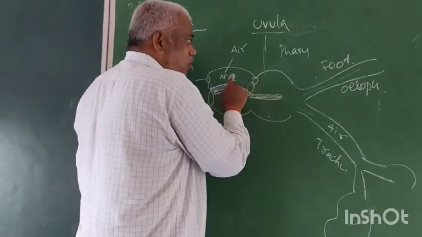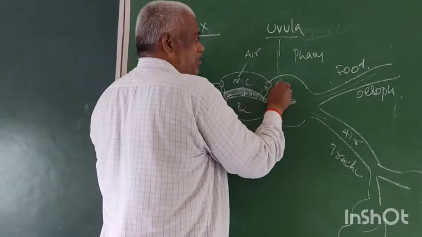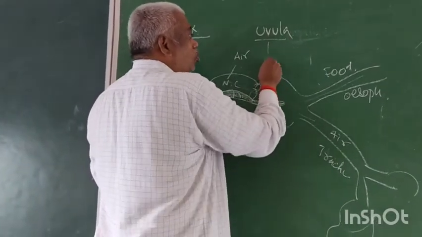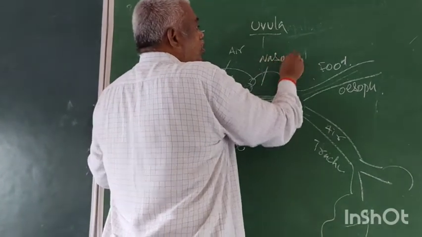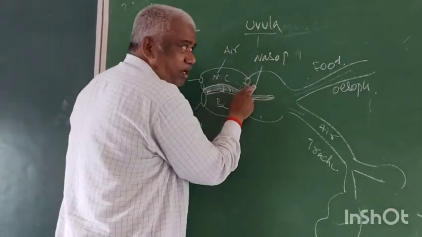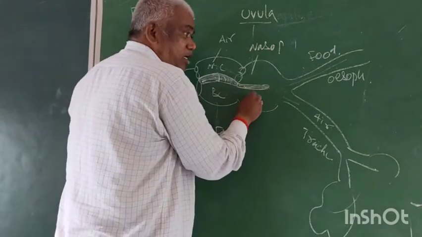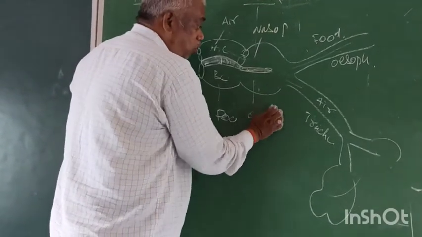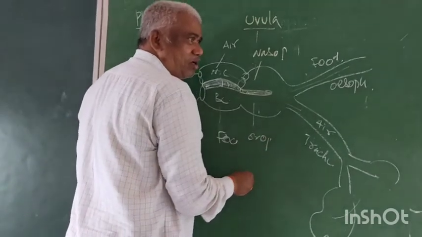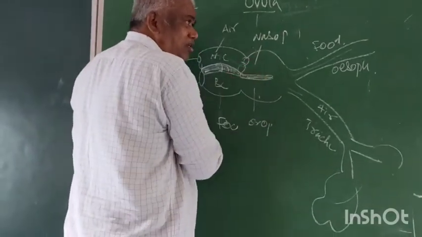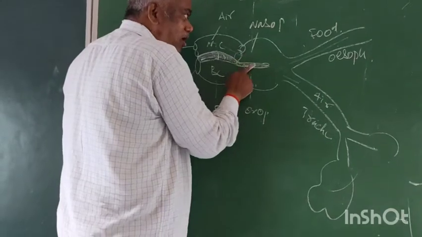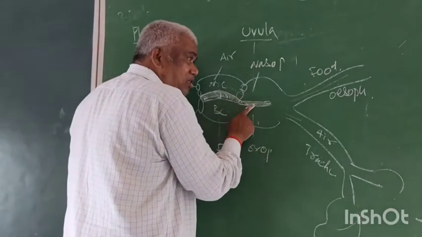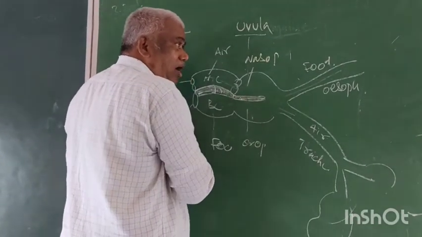It is the nasopharynx, because the nasal cavity is open, hence nasopharynx. Then the oropharynx. The nasopharynx is above the uvula. The oropharynx is below the uvula.